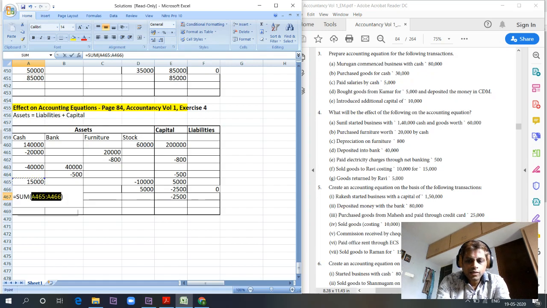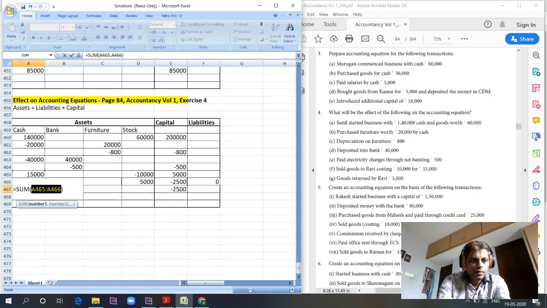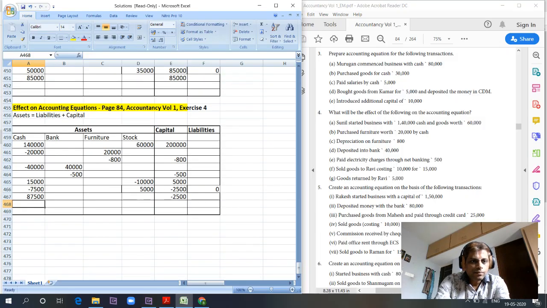Now let's total it. It is 7,500. It's just making the total of the assets and liabilities.